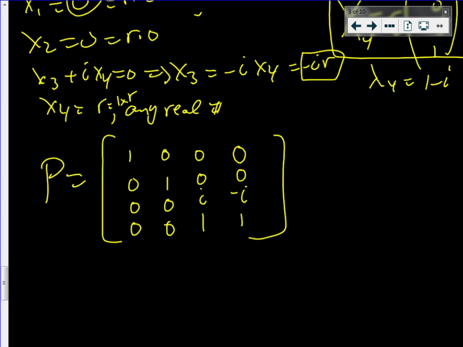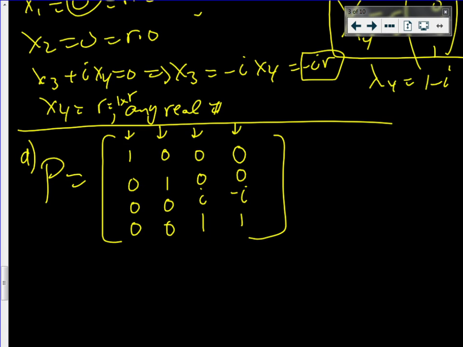Now, this is part D that we are working on right now. So again, the answers to part C: that's eigenvector 1, that's eigenvector 2, eigenvector 3, and eigenvector 4.